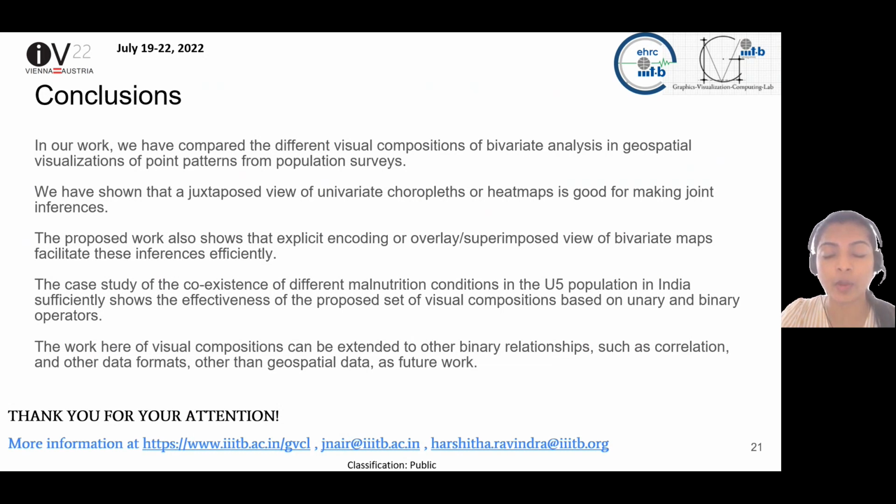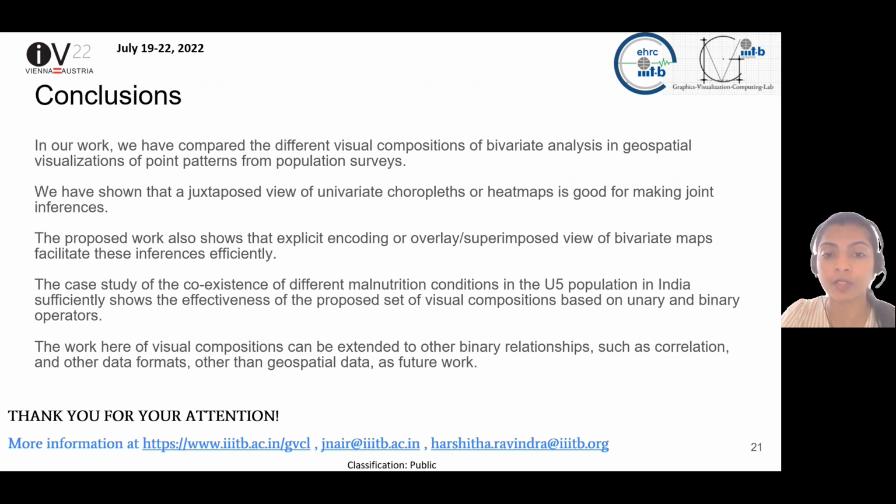The case study of the coexistence of different malnutrition conditions in the underweight population in India shows the effectiveness of the proposed set of visual compositions based on the unary and the binary operator. The work here on visual compositions can be extended to other binary relationships such as correlation, and to data formats other than geospatial data, as future work.